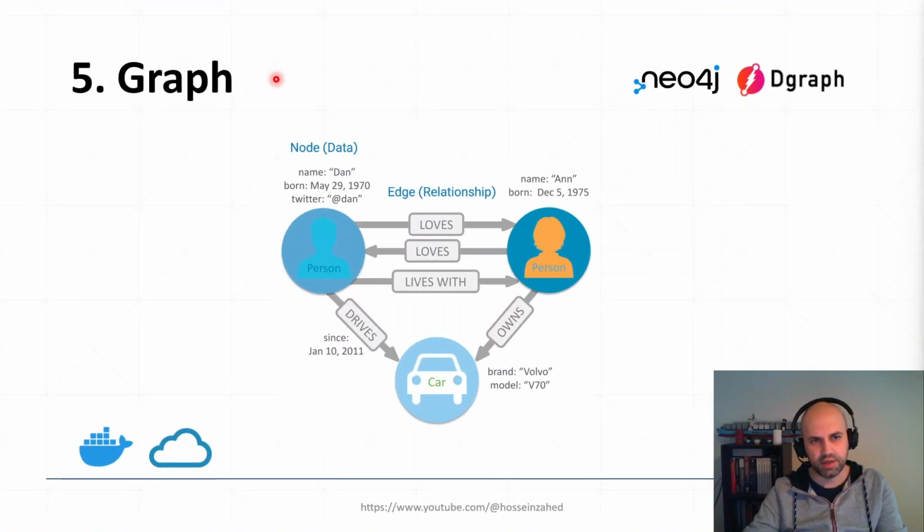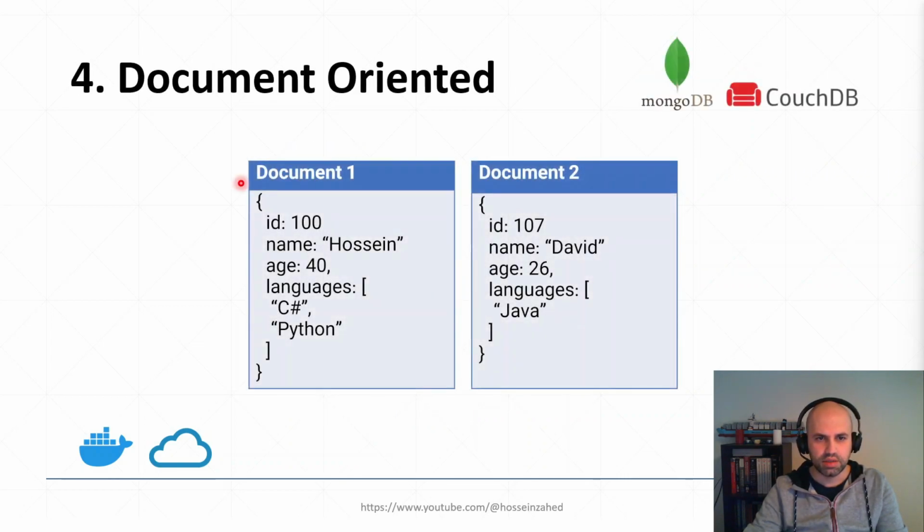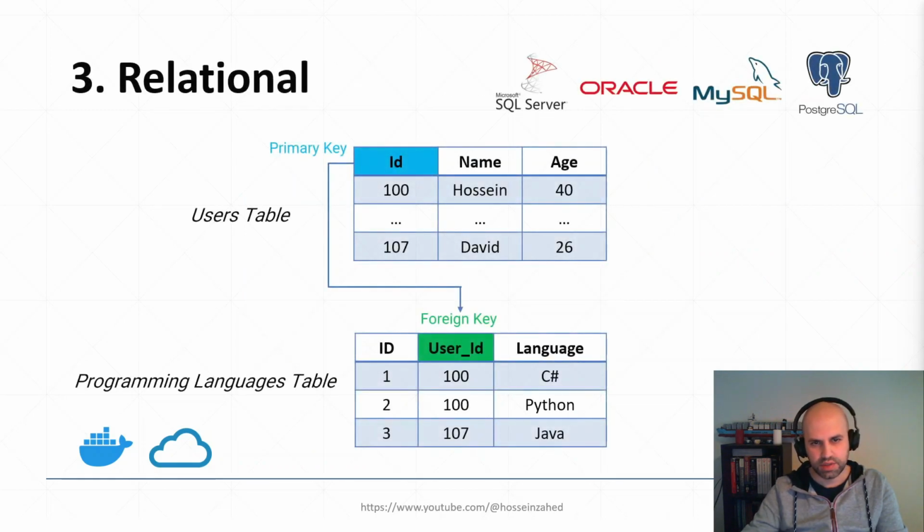The fifth paradigm is graph database. The main building blocks of graph databases are nodes and edges. Nodes are actually entities and edges are relationships between entities. These databases are very similar to relational databases.